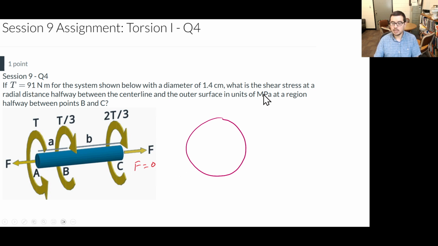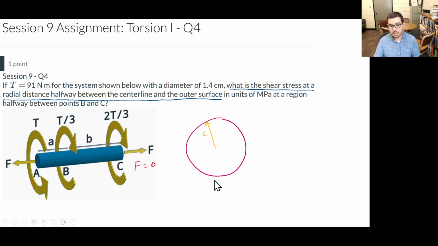The question is asking, what is the shear stress at a radial distance halfway between the center line and the outer surface? Again, between points B and C. It says halfway between points B and C, but as we discussed, the internal torque is not changing as we go from B to C. This other halfway is describing the radial distance.